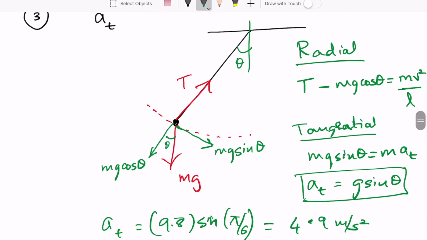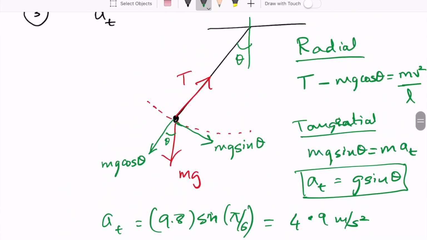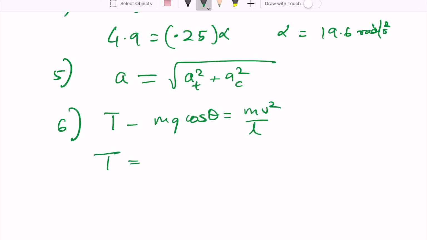Going back to the radial component of Newton's second law, we got this equation up here, which was T minus mg cosine theta is equal to mv squared over L. So you can just solve for the tension. T is equal to mg cosine theta plus mv squared over L. And you can just plug in all the numbers and get the answer.